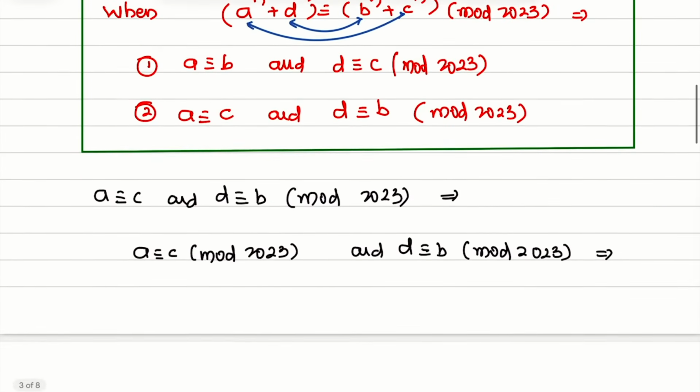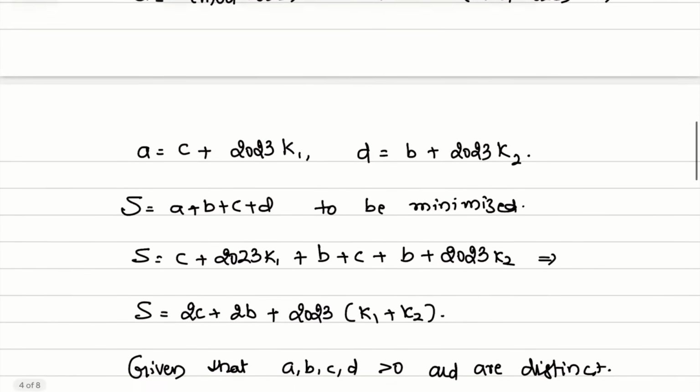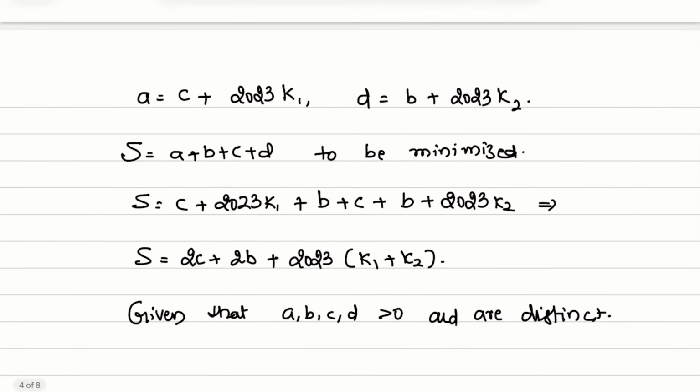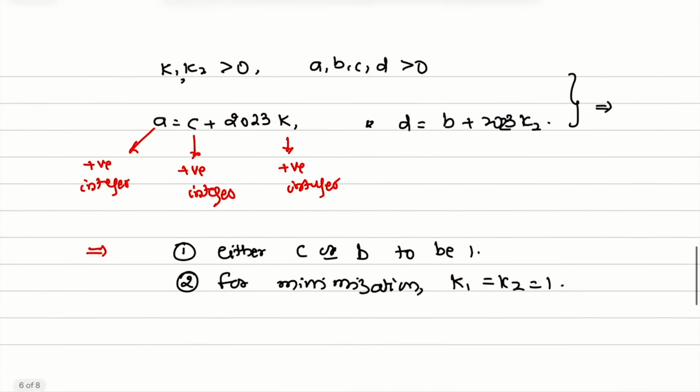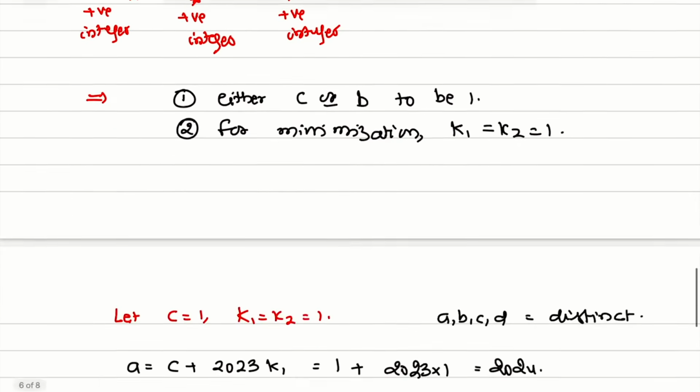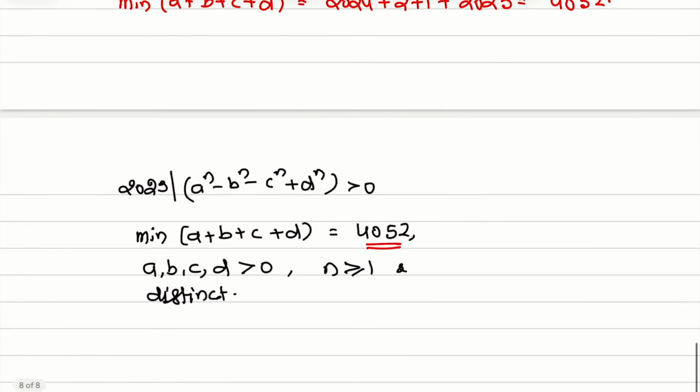From that we got the equations and the total a plus b plus c plus d value, and we wanted to minimize them. These are the conditions which we applied carefully, so that we got the minimum values for a, b, c, d, which is found to be 4052.